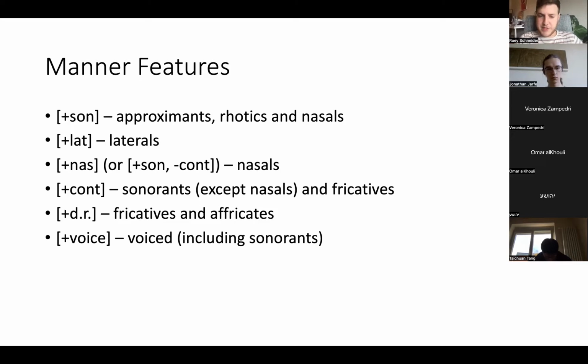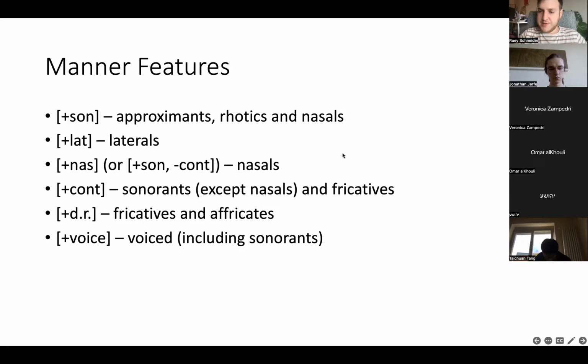Nasals are a little bit special because we have a full blocking of the air in the mouth when we produce them. So they are technically stops. That makes them the only sonorants that are stops, actually. So that are minus cont, which means that they're stopped.